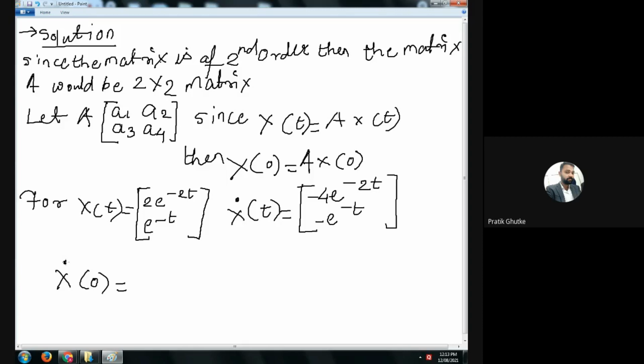So 4 e raised to minus 2 into 0 would be coming as minus 4. So here it would be minus 4. Are you getting? And here e raised to minus t means e raised to 0, which is 1, and then the sign would be minus 1. So please tell me, up to this point, have you understood how I have calculated x dot of t and x of 0 from the given condition in the numerical?